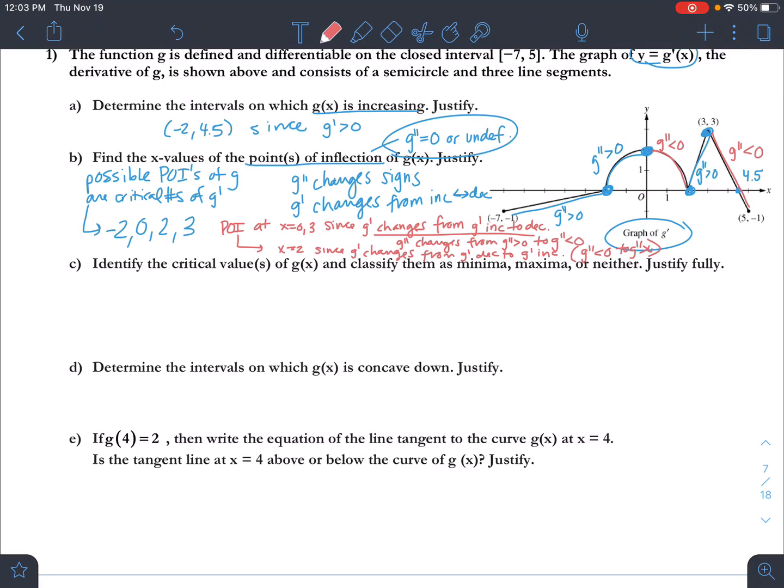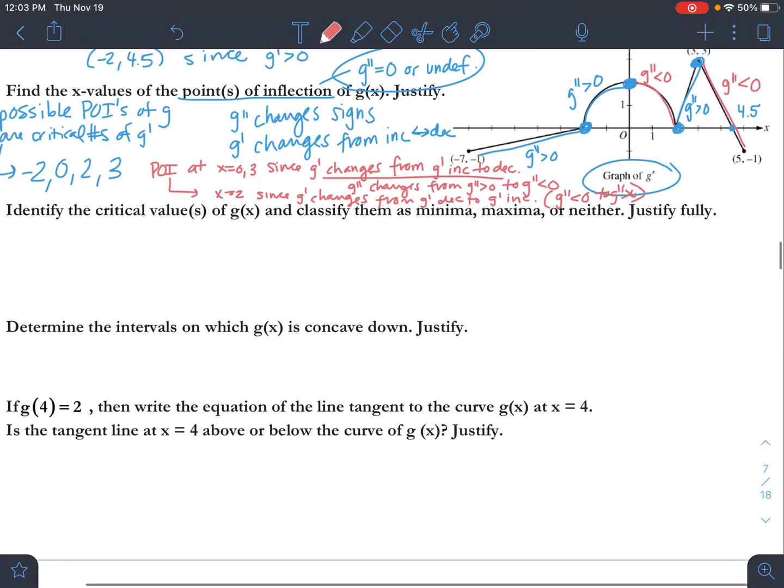All right, so we're going to finish up here with, let's actually go to part D. It says, where are we concave down? Okay, concave down, again, you're not actually looking for that shape. You're looking for, concave down means g double prime is negative, and that also means g prime is decreasing, right? These are the same meaning here.